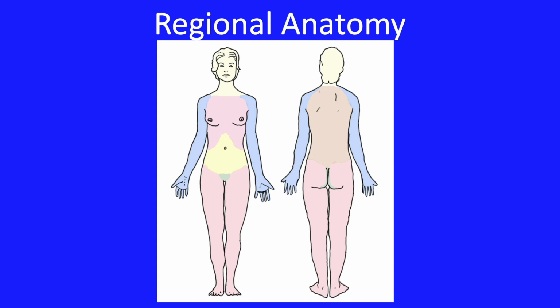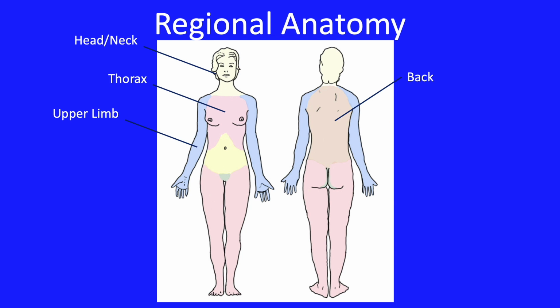Instead, we teach gross anatomy using a regional approach, and there are 7 distinct regions in the body. These include the head and neck, the upper limb, the thorax, the back, the abdomen, the pelvis and perineum, and the lower limb. We will use this regional approach to teach gross anatomy.